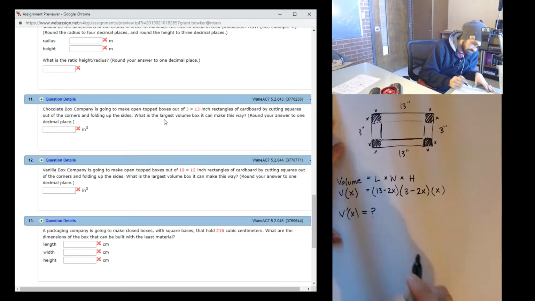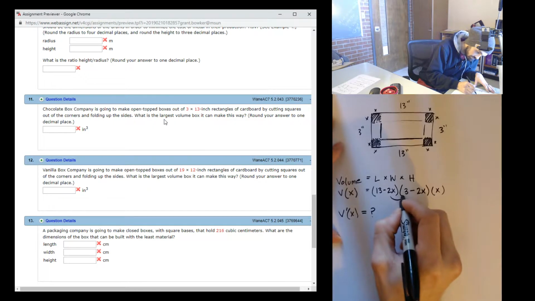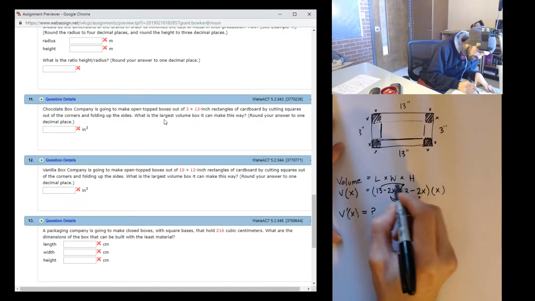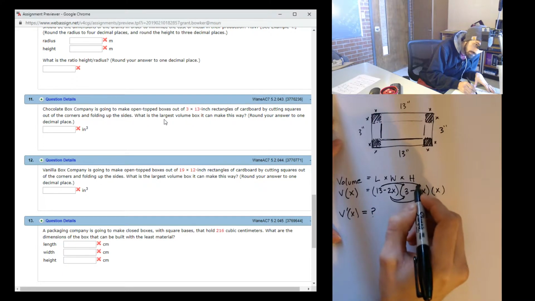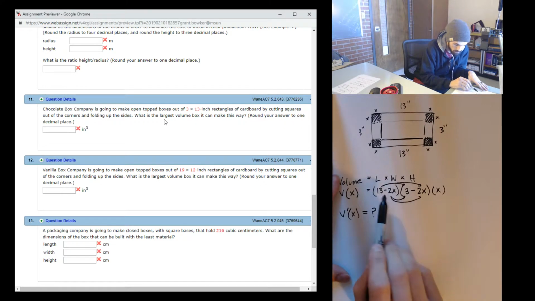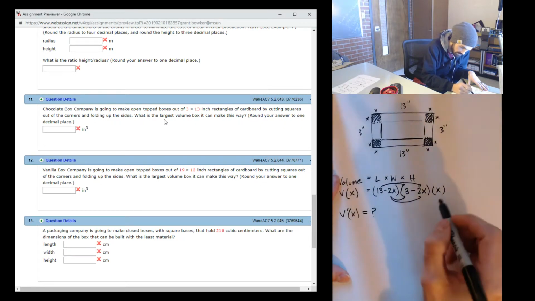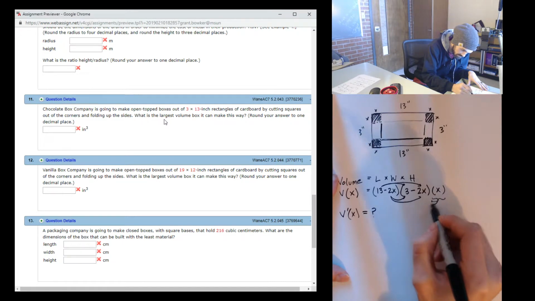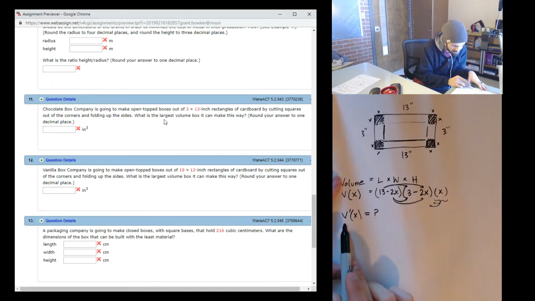So recognize in order to find v prime of x, we need to multiply or FOIL these two binomials, and then be sure to distribute this x across the results. So you'll have a nice equation which represents the volume in terms of x.